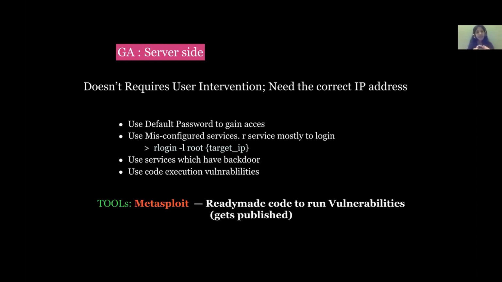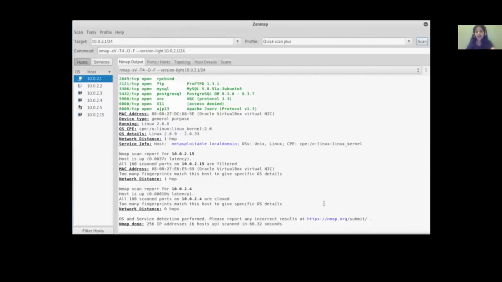In the server side, imagine you're sitting in the US and I'm sitting in India. If I know your IP address, I will be able to see or view your server details. Using Zenmap and everything, I will know what all services are running on your system.